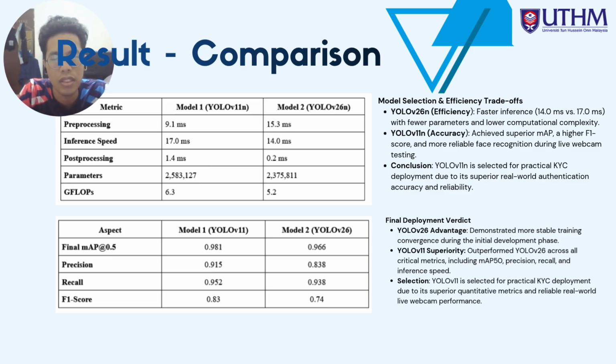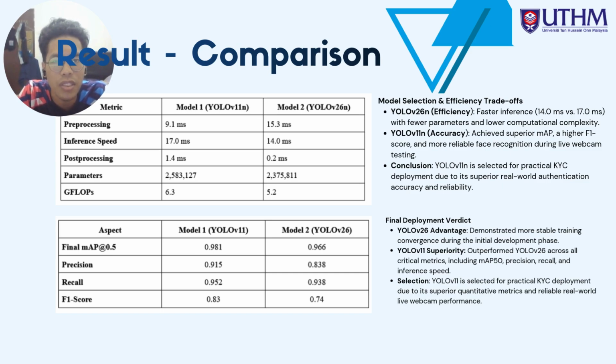Next in the results is the comparison between both models, which is model 1 YOLO v11 and model 2 YOLO 26. For the model selection between efficiency and accuracy, for efficiency it is YOLO 26 because of faster inference, between 14 milliseconds and 17 milliseconds, with fewer parameters and lower computational complexity.